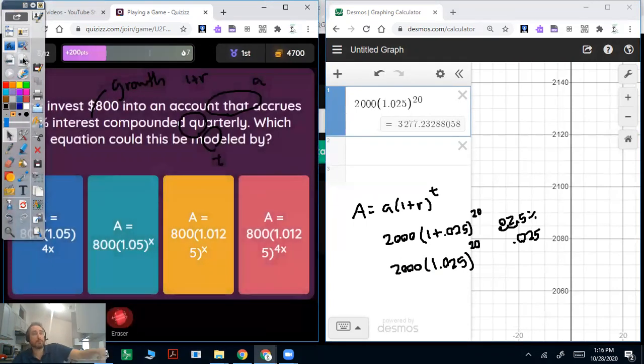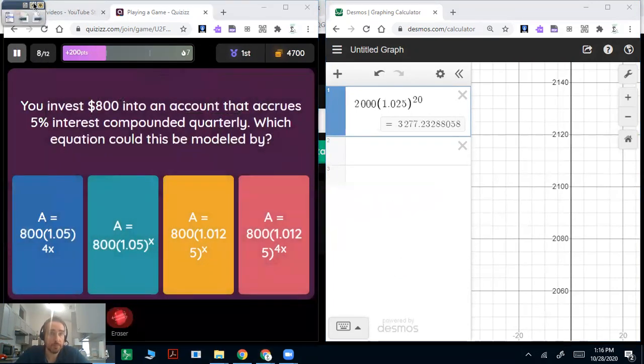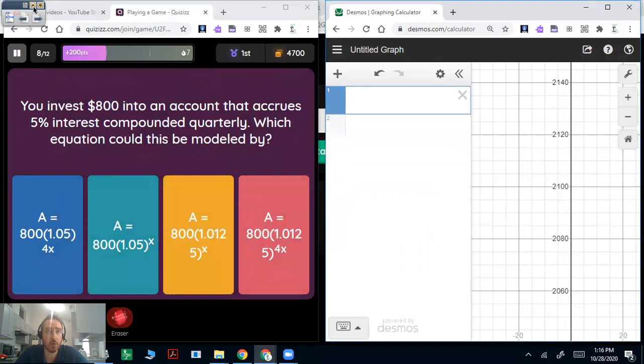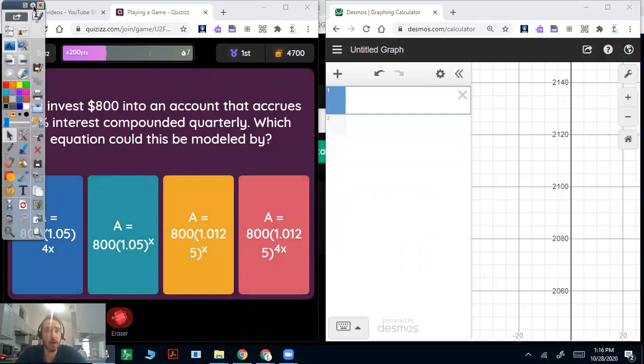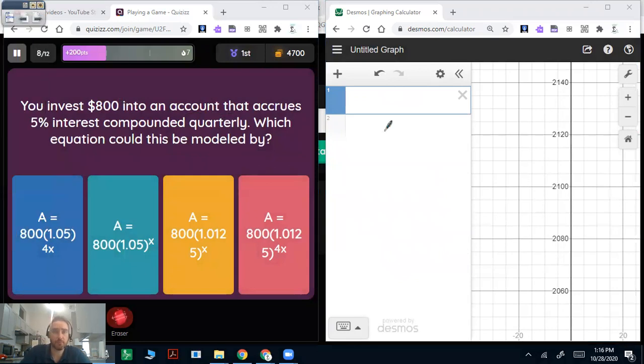All right, number 8. You invest $800 into an account that accrues 5% interest compounded quarterly. Which equation could this be modeled by? Well, what is quarterly? You say A equals P times 1 plus r over n to the nt power. n is the number of times it's compounded.